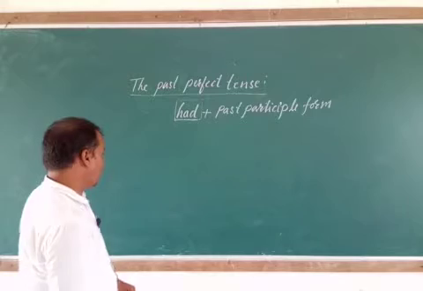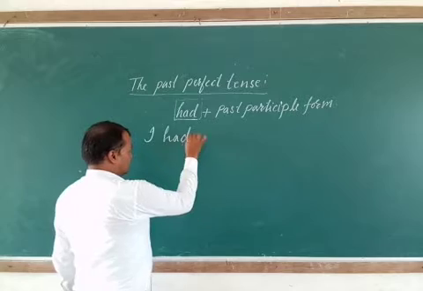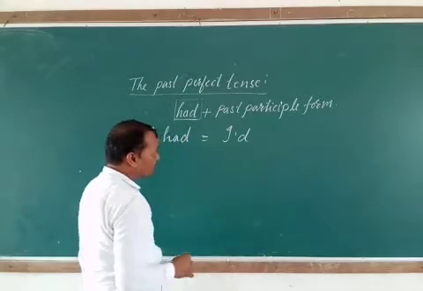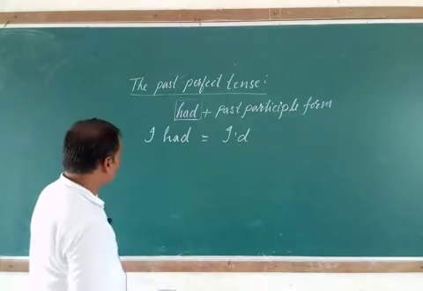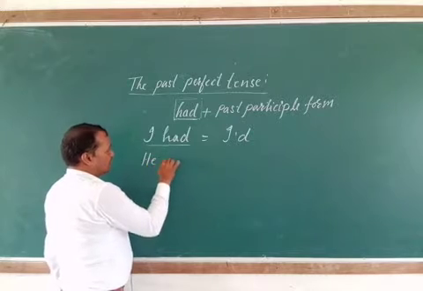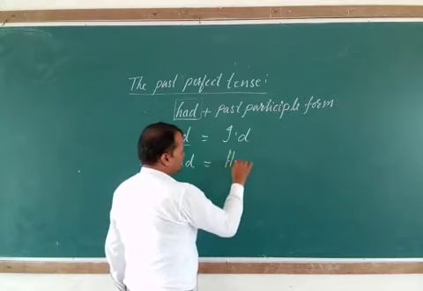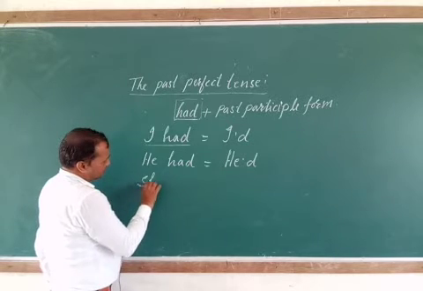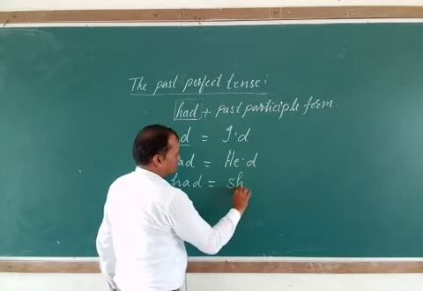So if we use had with I, I had is equal to I'd. We pronounce it I'd. So I'd is pronounced with contraction. Like this, he had is pronounced he'd, and she had is pronounced she'd.